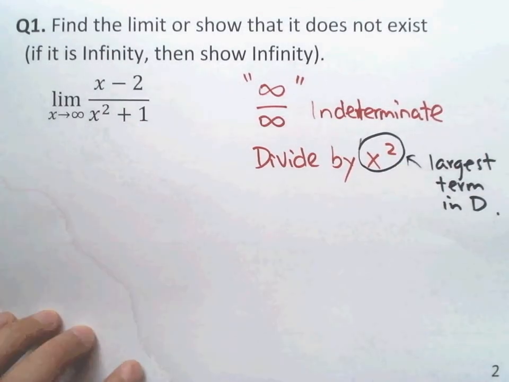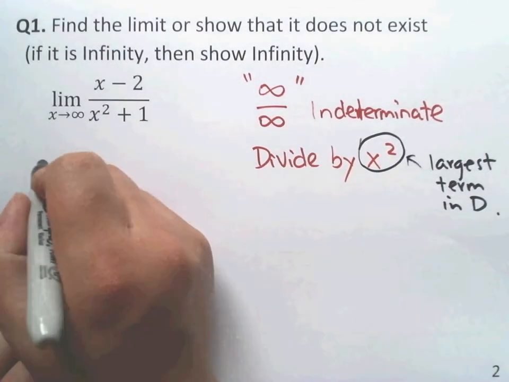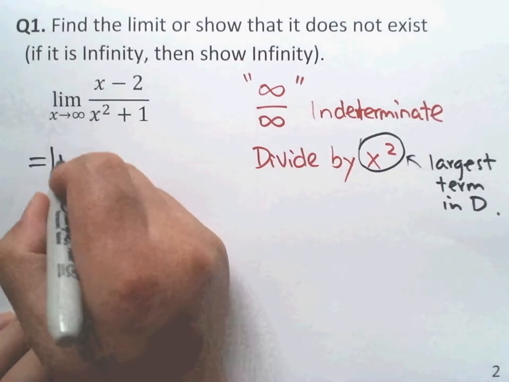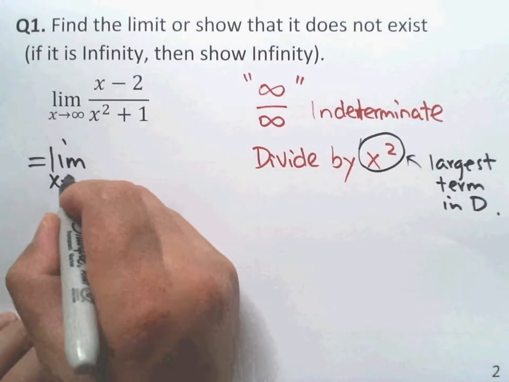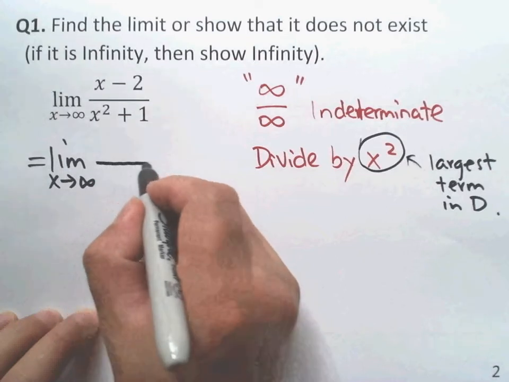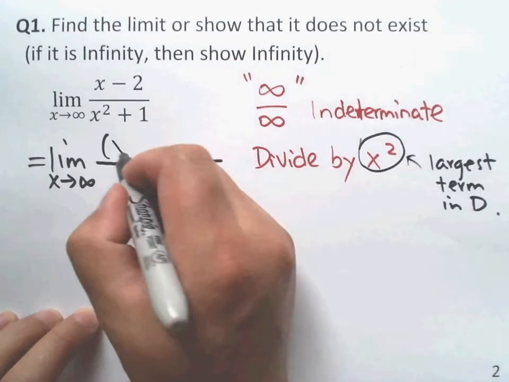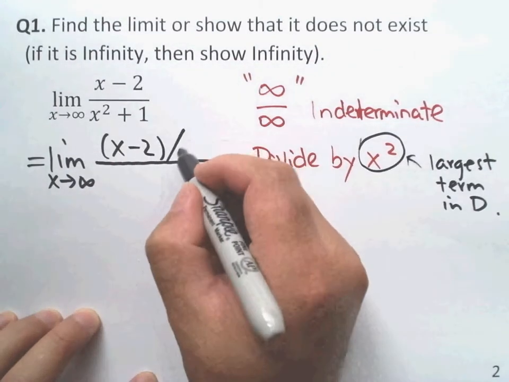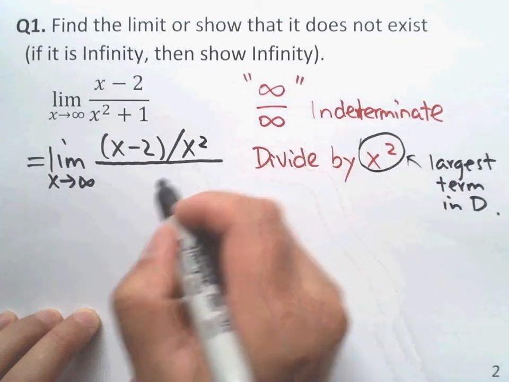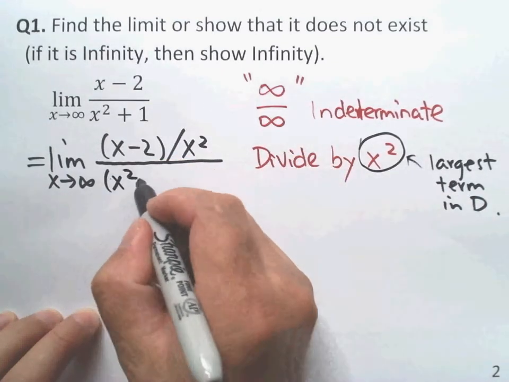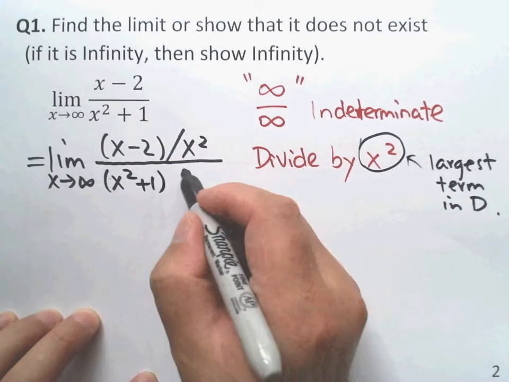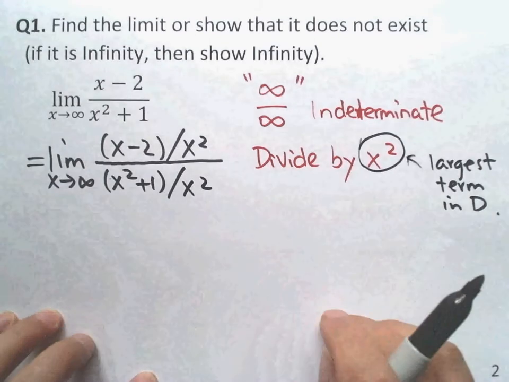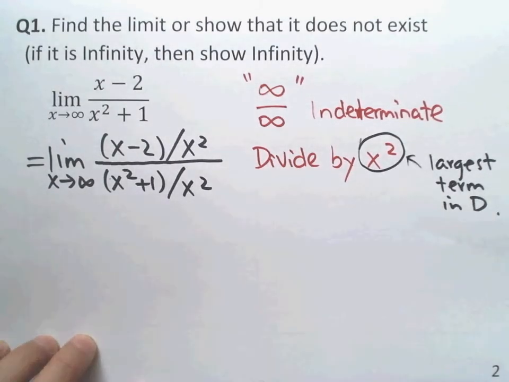See, what do we get? We get x minus 2 divided by x squared. That's the top. The bottom is x squared plus 1 divided by x squared. Okay, why divide? Because of another step.